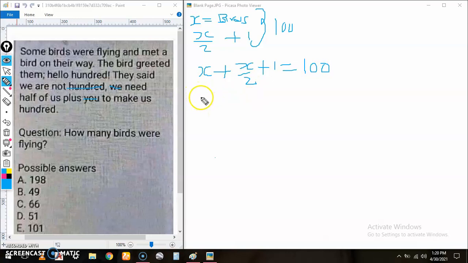So we are going to have x plus x divided by 2 is equal to, we carry this 1 and 1 here, and it becomes minus, so this one should be 99, right? So to do away with the 2 here, so that we are left with x, because we want the value of x, we multiply every part of our expression by 2.